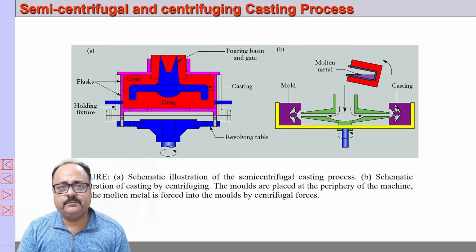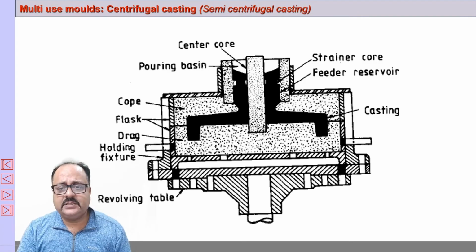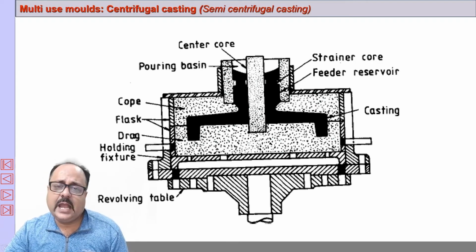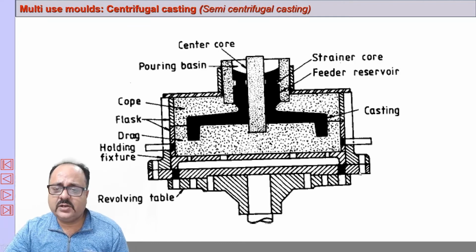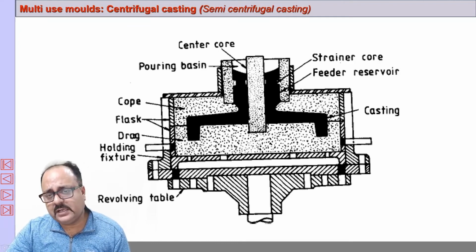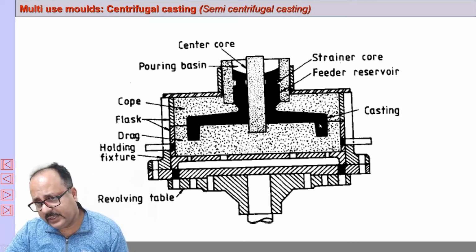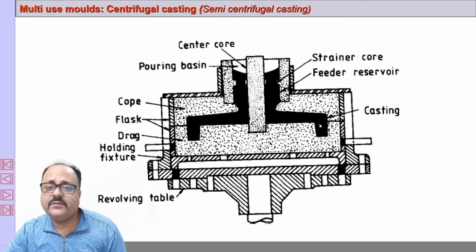So this is semi-centrifugal casting. Semi-centrifugal casting is also used for components which are axisymmetrical, and you can see there is a table on which the mold is mounted, and there is a core, and this table is rotated at a certain speed, and because of centrifugal force, the material will flow to different corners of the mold.